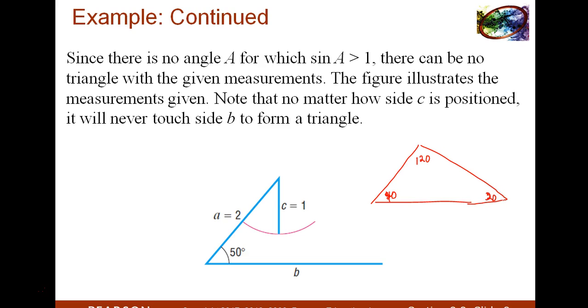So maybe it's this, but maybe it's actually like this, and there's a 160 here, and like a 10 and a 10 or something like that, right? So you're not really sure where the swing is going to open.